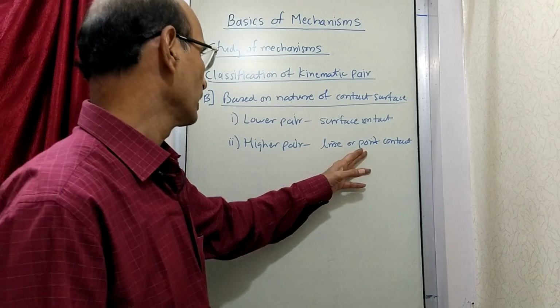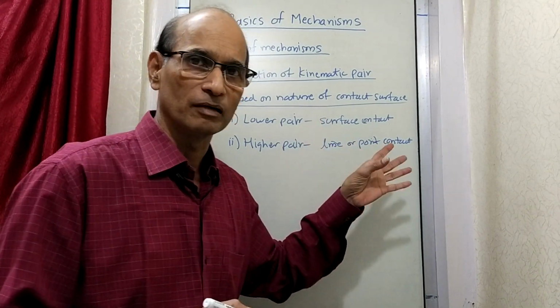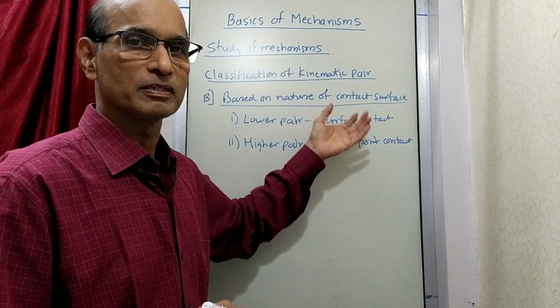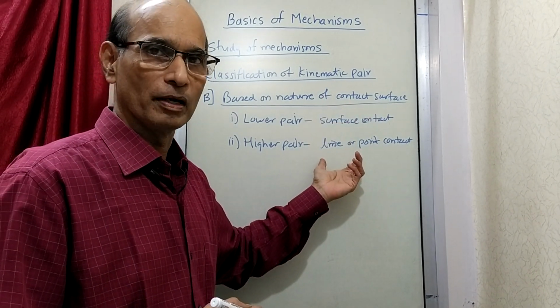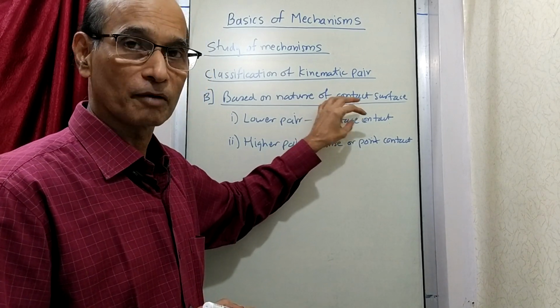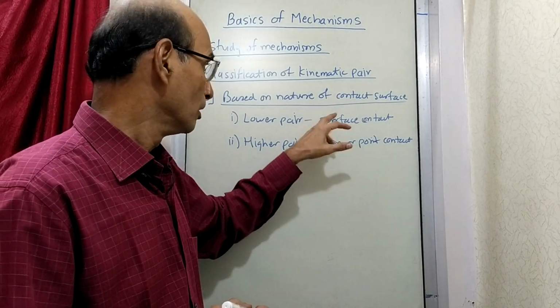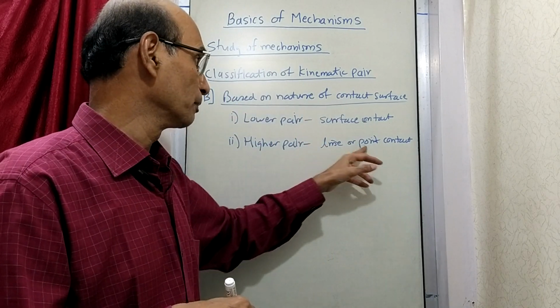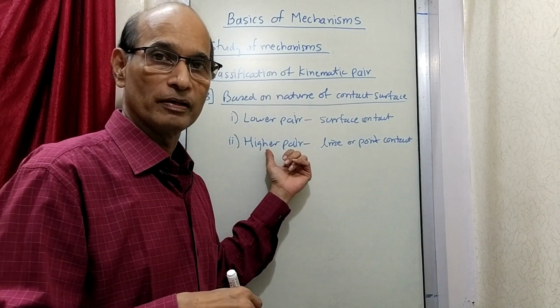Now see, this is slightly confusing. Line and point are very small compared to surface. Surface is larger, line and point are smaller. But still it is written like this: surface contact is called a lower pair, and line and point contact is called a higher pair.